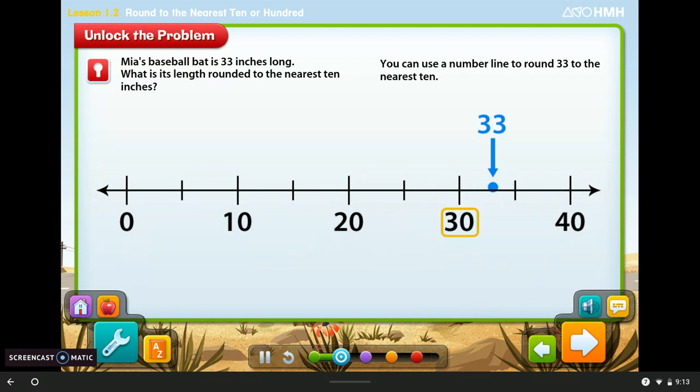If I'm talking about the nearest 10, I've got to see if 33 is closer to 30 or closer to 40. Looking at those jumps, where would it go? Would I round back to 30 or would I round forward to 40? The answer is 30.